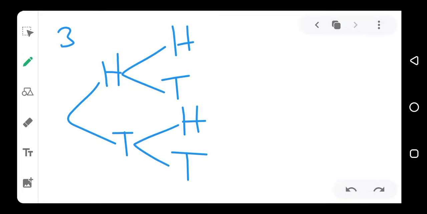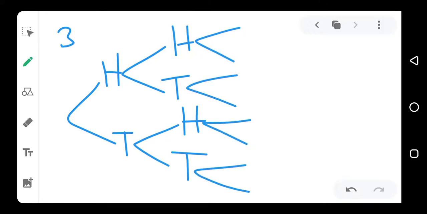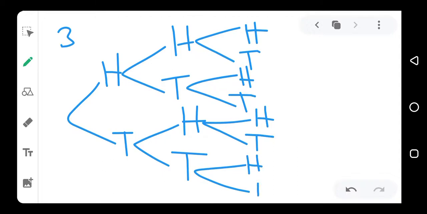This one gives us 2 legs, this one gives us 2 legs, this one gives us 2 legs, and this one gives us 2 legs. So we have head and tail, head and tail, head and tail, head and tail.